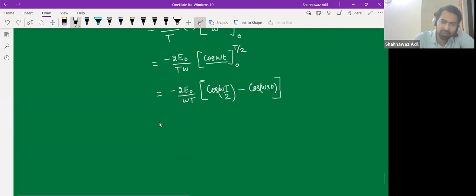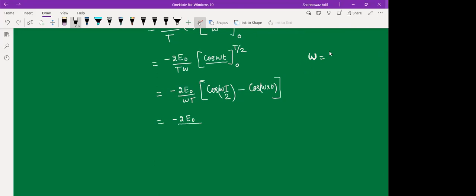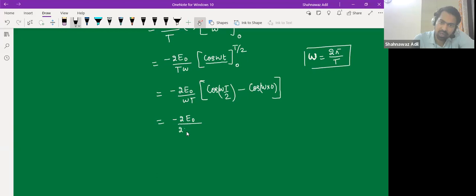Now we know that minus T E naught, and I can write the value of omega. What is the value of omega, guys? Remember, for full cycle, what was the angular distance and what was the time? Keeping that in mind, it is 2 pi by T, right? Good. So this is 2 pi by T into T. So this T cancels.